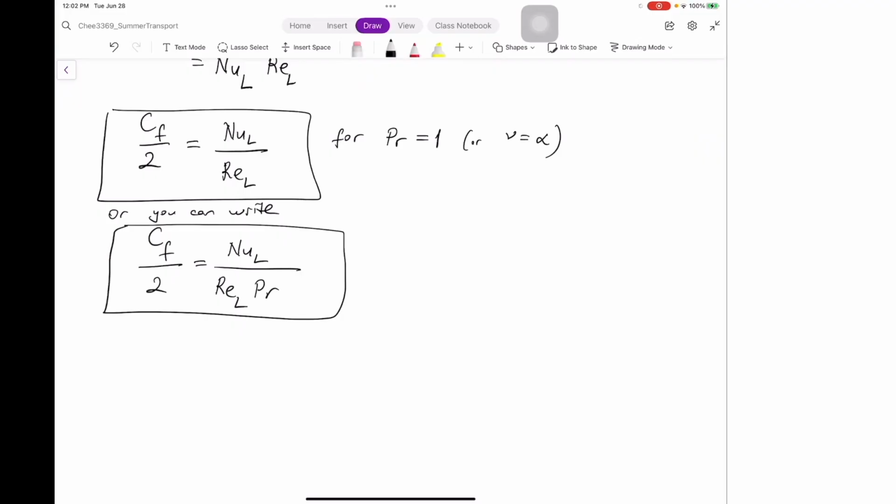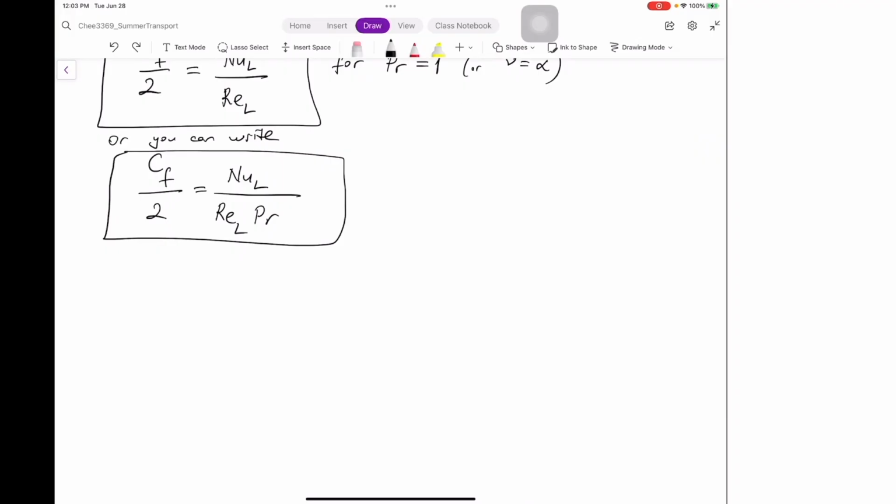So now this equation is remarkable in the sense that if you know the values for the flow conditions, like the skin friction coefficient and Reynolds number, and if you know the fluid property like Prandtl number, you can estimate the Nusselt number, and then work back and find the heat transfer coefficient, right?